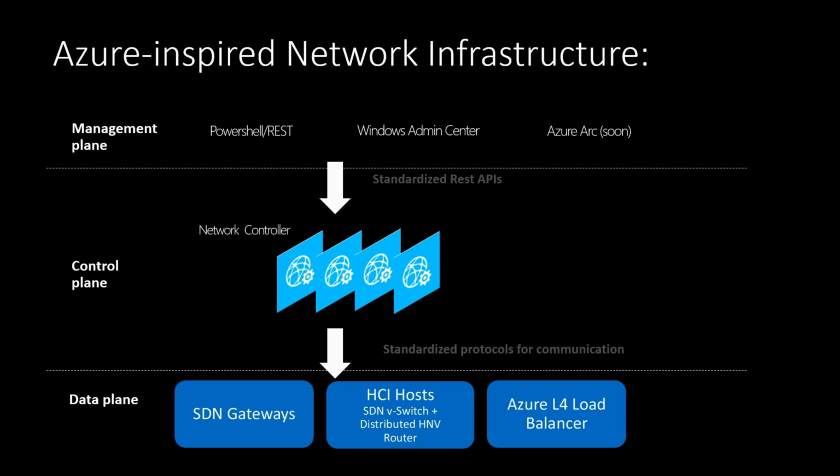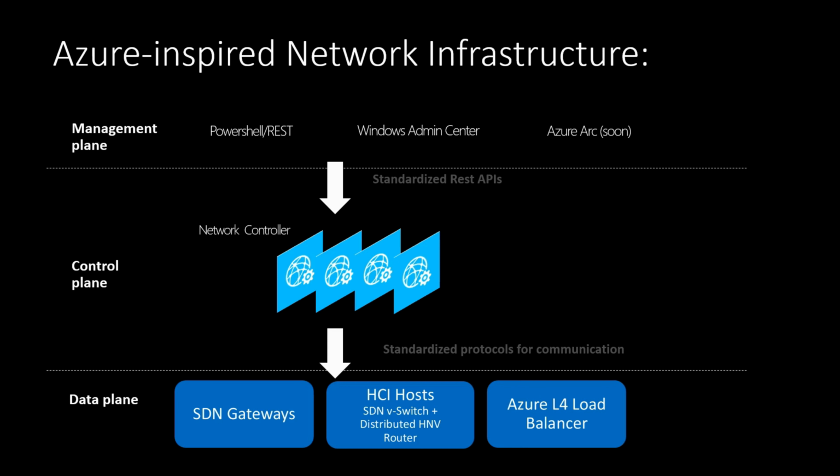Of course, minimized a bit because compared to the Azure scale, HCI is pretty small. So you'll see Azure VFP light up on your vSwitch, which is our SDN vSwitch. And then that also includes the distributed HNV router. You'll gain network security groups right away. And when you input a network security group from, say, Windows Admin Center, network controller will then push that policy down using OVSDB to your HCI hosts.